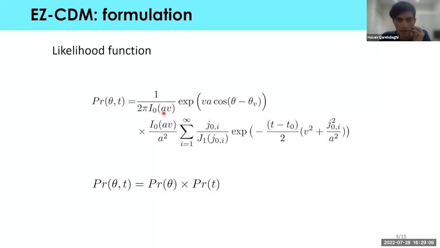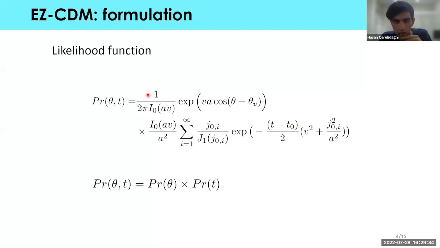Here, A is threshold, V is the drift length, theta V is the drift angle, theta is the choice angle, T is response time, and T0 is non-decision time. I0 is the modified Bessel function, J is Bessel function, and this J0 is a zero-order Bessel function.